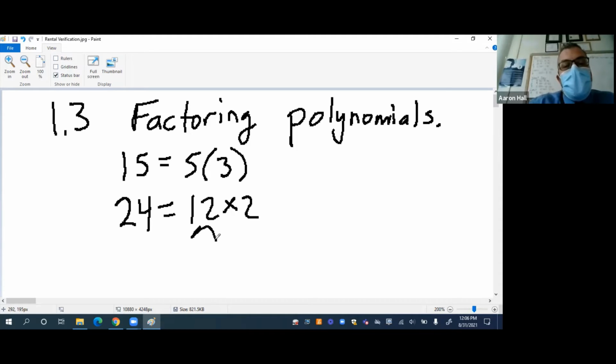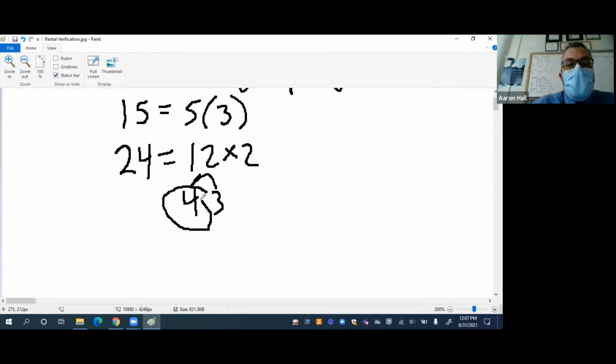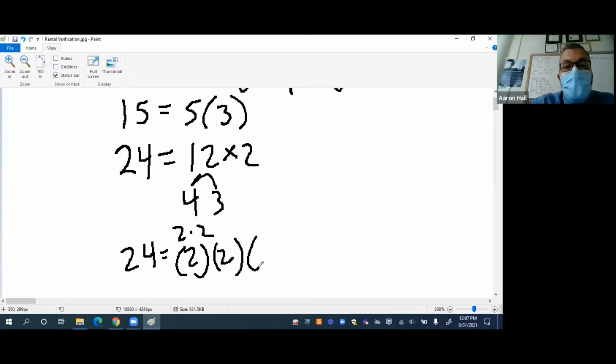Or I could break even the 12 down to what? 4 and 3, okay. And 4 is certainly a factor of 12, but I can break that down further to what? 2 and 2. So through my factor tree, I can see that 24 can be rewritten as 2 times 2 times 3 times 2, right?